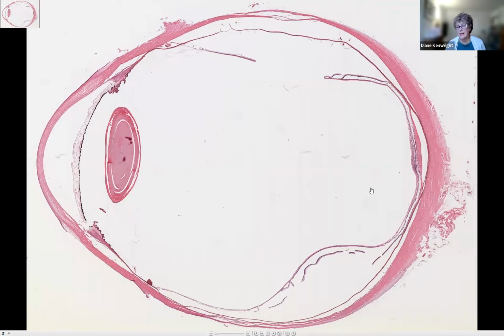Subretinal fibrosis, yes. What other things can you see at low power? 3 abnormalities at low power. Artifactual retinal detachment, yes, I'll count that. And another one at low power. It's in the inferior part of the globe.